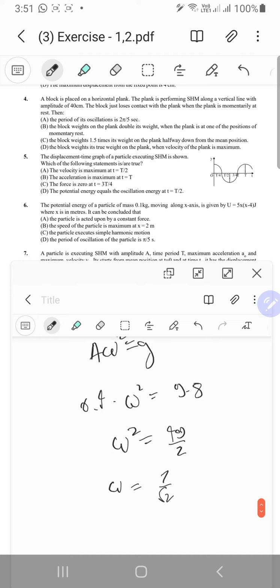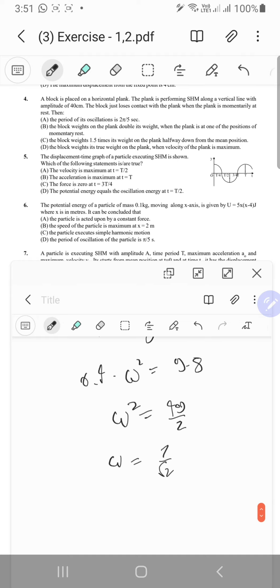Yeah, is that correct though? It's getting frustrating. In fact, no, we just take 10 as the value of g in this case.